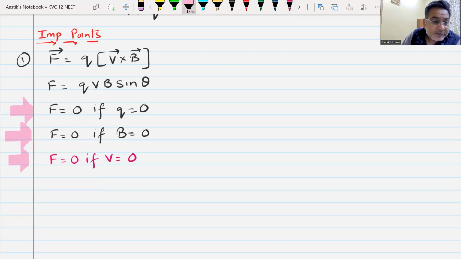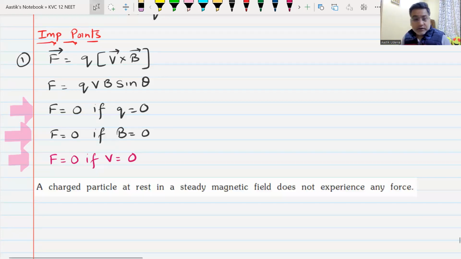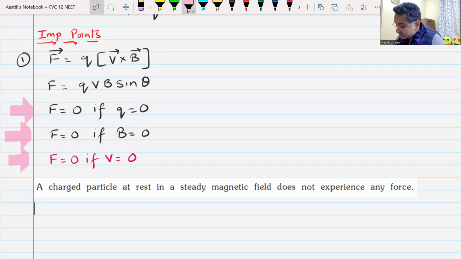That means if the particle is at rest, it will not experience any force. A very important point. If a particle is at rest, it does not experience any force.